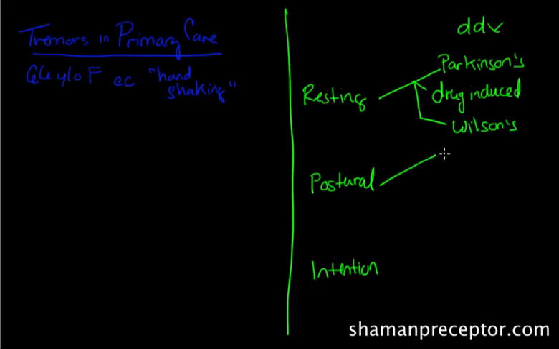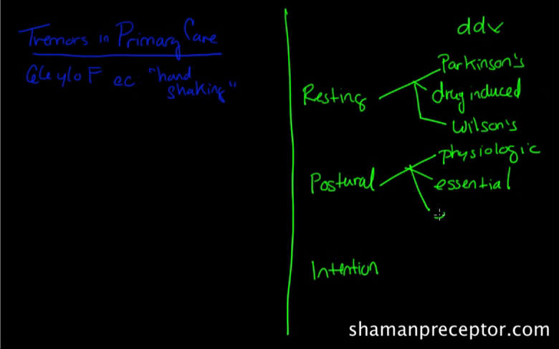Postural tremor, the most popular type is physiologic. So that's when regular folks are too caffeinated or sleep deprived, and a postural tremor emerges. Another very popular tremor is essential tremor.